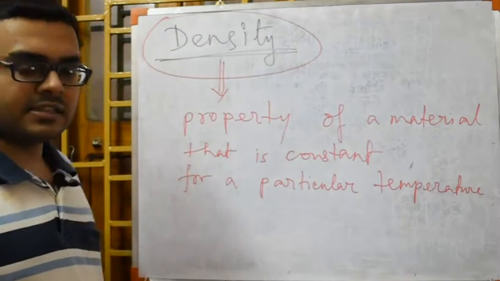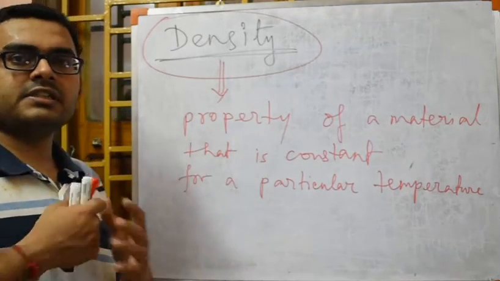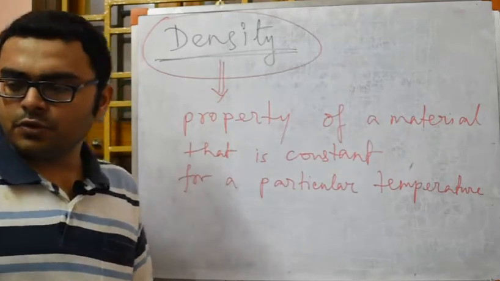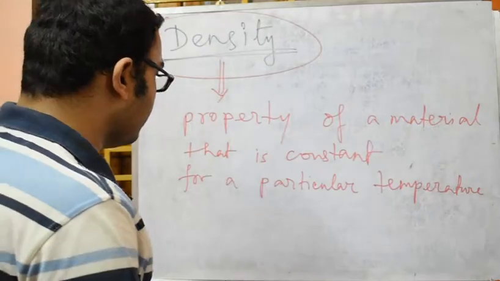Now what is this density? It is very simple. If you take any object, measure its volume and measure its mass, and take the ratio, mass by volume. So I am just noting it down.